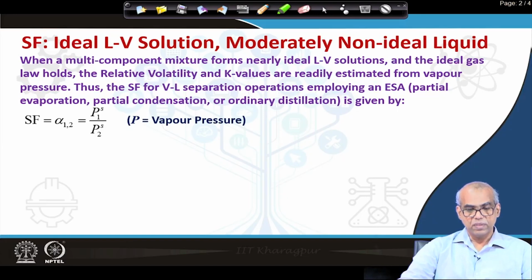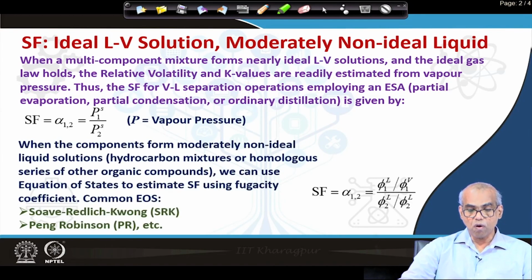Thus, the separation factor for vapor liquid separation operations employing an energy separation agent such as partial evaporation, partial condensation or ordinary distillation can be given by the ratio of vapor pressures of the species involved. For example, separation factor alpha 1 2 between species 1 and 2 will be equal to vapor pressure of species 1 divided by vapor pressure of species 2.